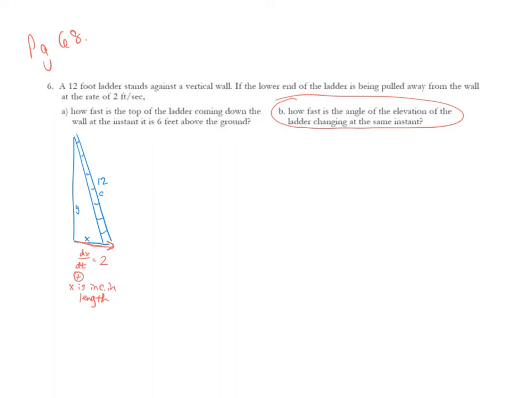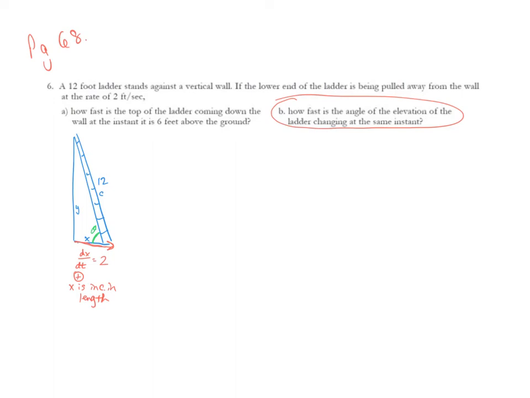So the lower end of the ladder is being pulled away from the wall at a rate of 2 feet per second. How fast is the angle of elevation of the ladder changing? Well, the angle of elevation of the ladder is right here. That's your angle of elevation of the ladder. So let's label that theta. So right now, let's look at the information that I am given.